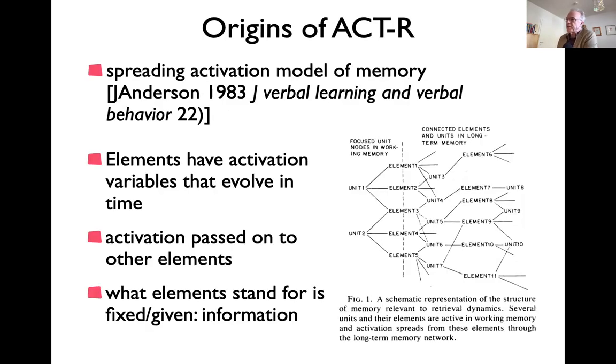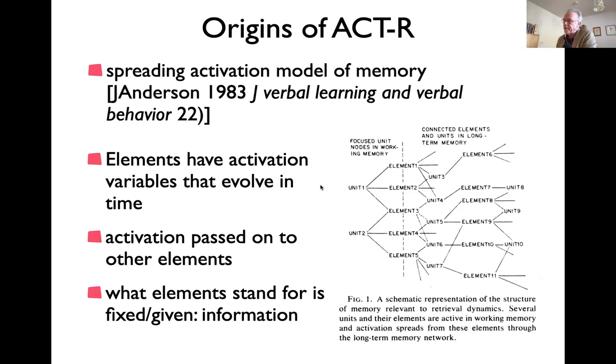So very concretely, I'm reviewing here ACT-R, which John Anderson developed over the years, goes back probably to '83. It's a neural model in the sense that there are elements that have activation as a variable that evolves in time. So that's an abstraction of neurons, somewhat like in connectionism. That activation is passed on to other elements.